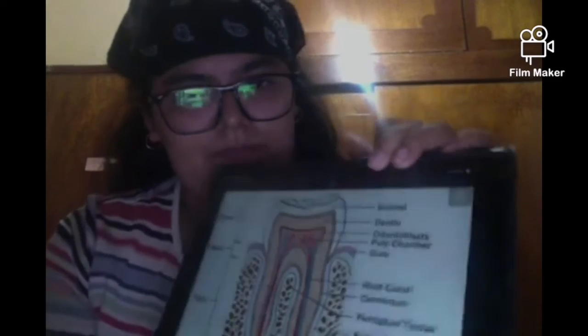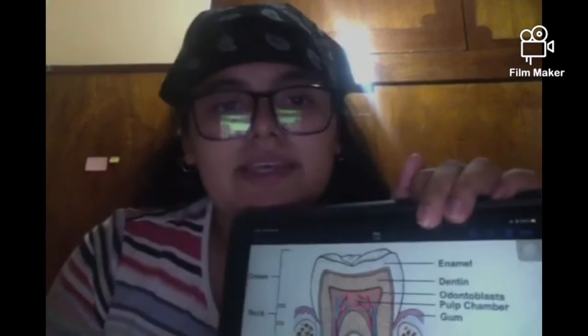However, it's the hardest tissue in the human body, translucent and insensitive to pain, as there aren't nerve endings in it. It consists mainly of 94% phosphate called hydroxyapatite and 4% organic material.